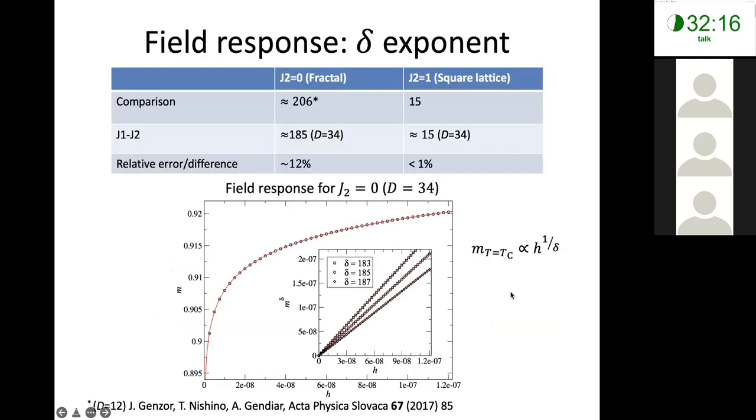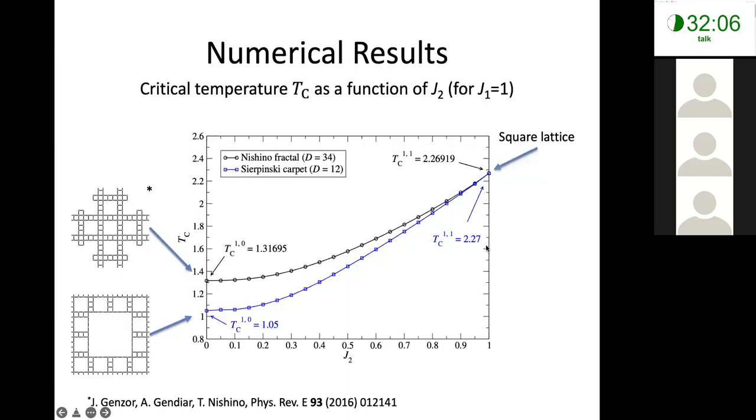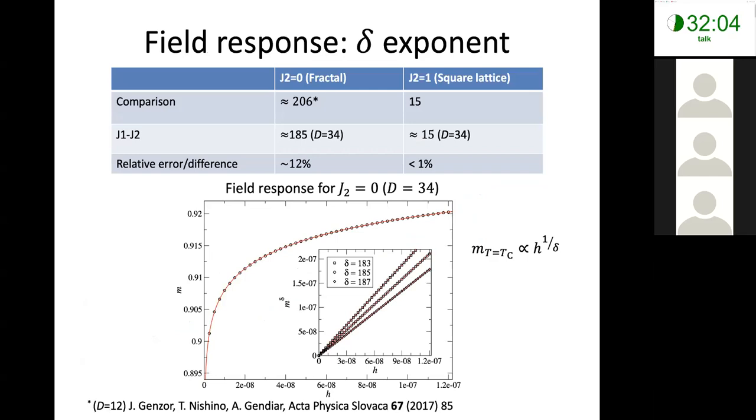And we could also extract the field response critical exponent delta. This exponent delta again exhibits good agreement with previous results, although before we used a rather small bond dimension.